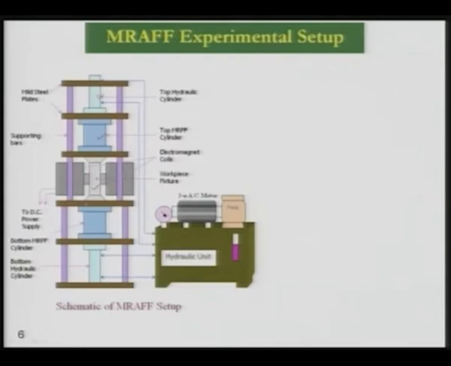Then you have the connection to the power supply, because this is the electromagnet over here, which is going to give different magnetic field depending upon the current flowing in the coils of this electromagnet. And here is the workpiece fixture, and then you have the bottom magnetorheological polishing fluid cylinder over here, and this is the bottom hydraulic cylinder.